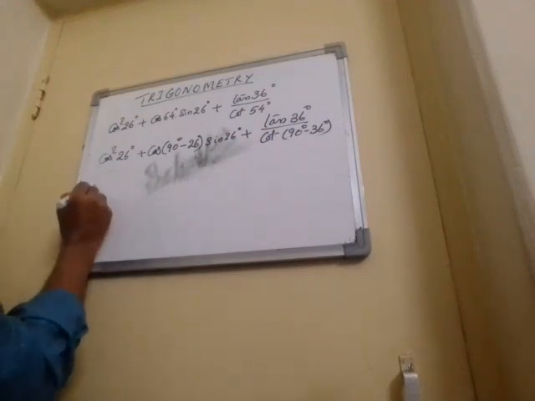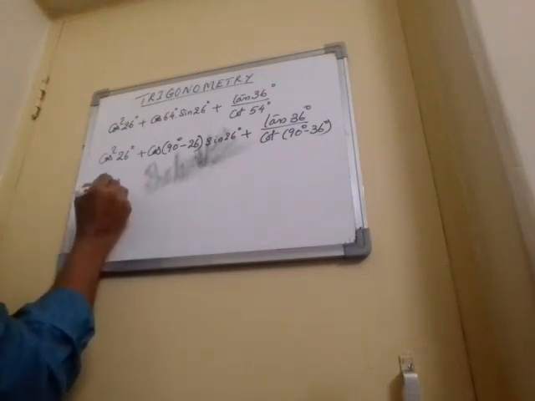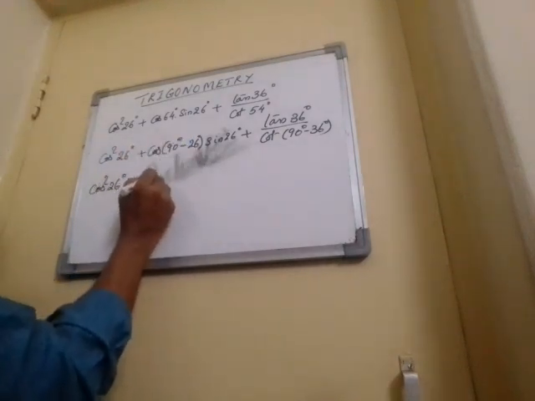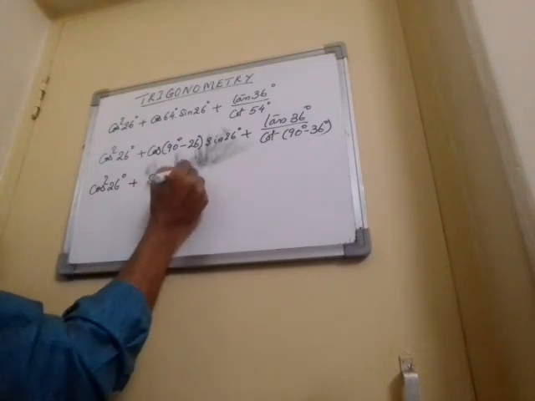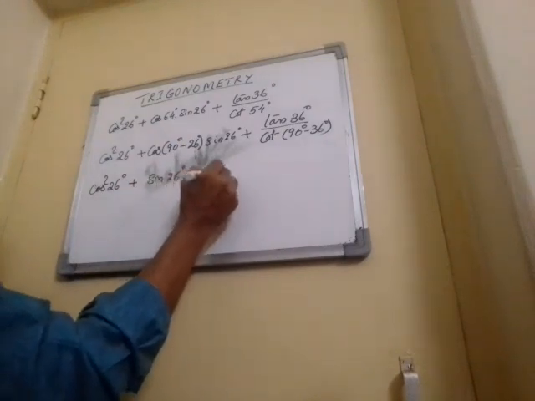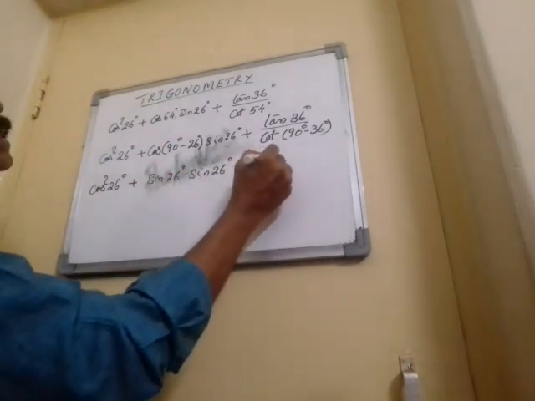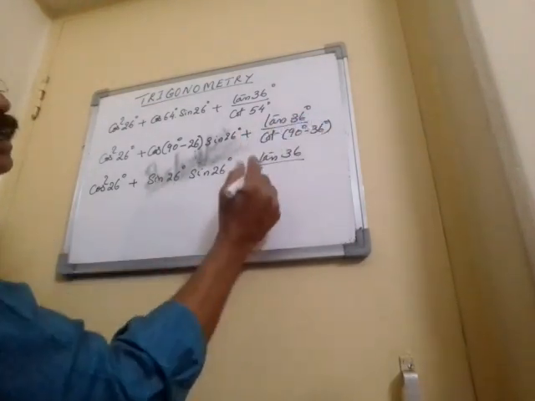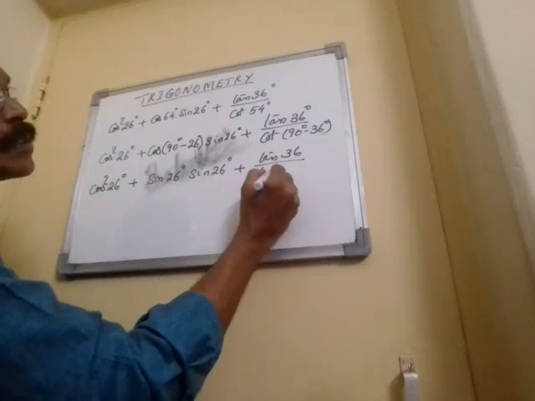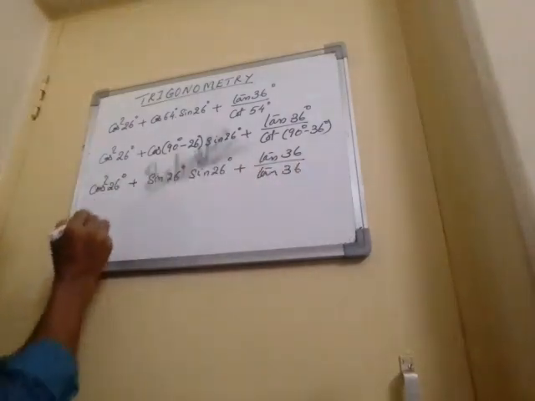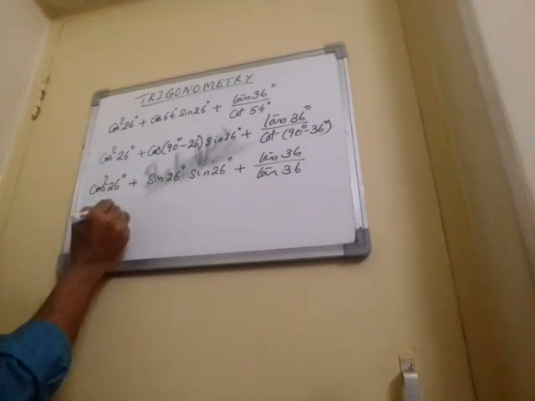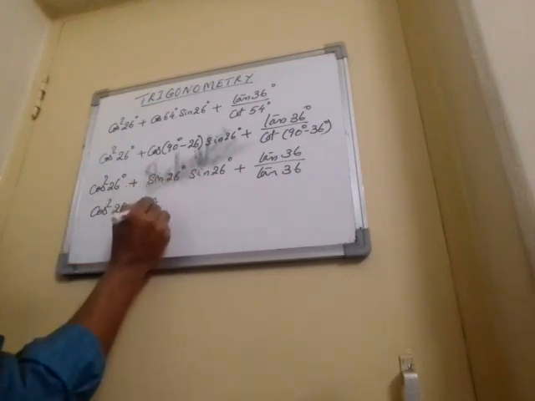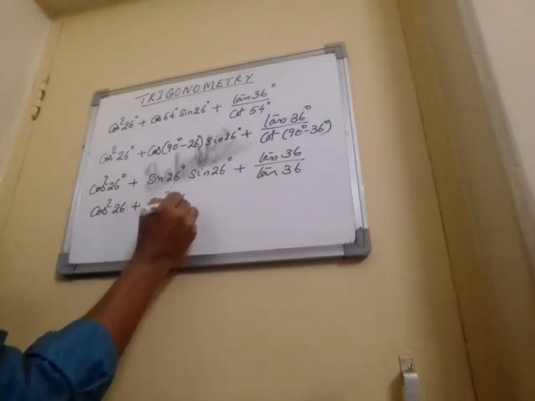Now cos square 26 plus cos 90 minus theta is sin theta, so sin 26 into sin 26, plus tan 36 by cot 90 minus theta is tan theta, so tan 36. So this is again cos square 26 plus sin 26 into sin 26, that is sin square 26.